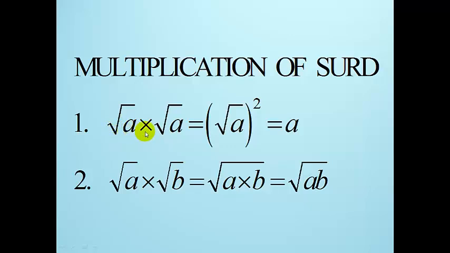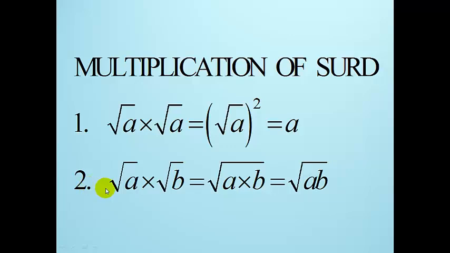Square root of a times the square root of a is equal to the square root of a all squared. And the 2 cancels the square root and we are left with a. That means that the square root of a times the square root of a is equal to a. So the square root of a number times the square root of the same number is equal to the number.